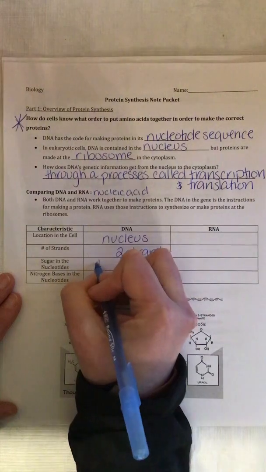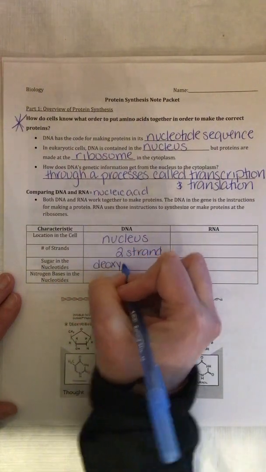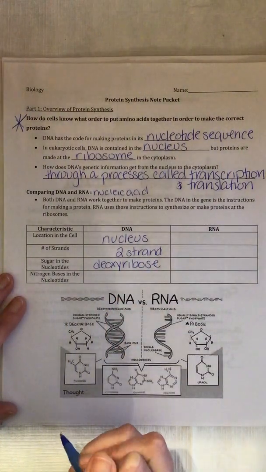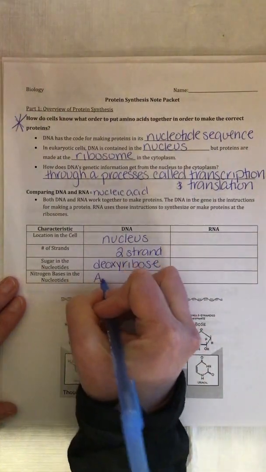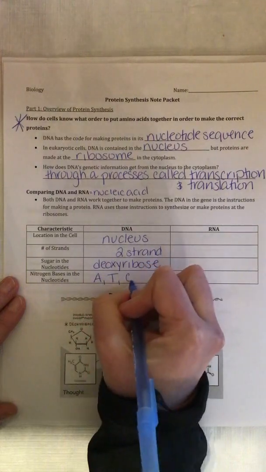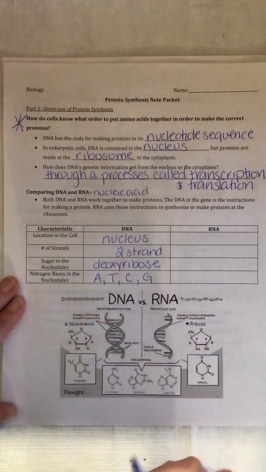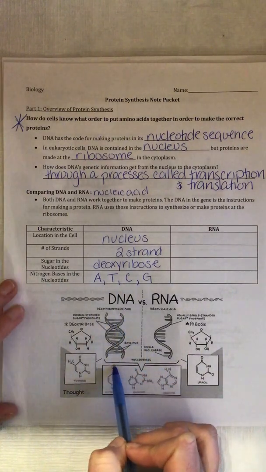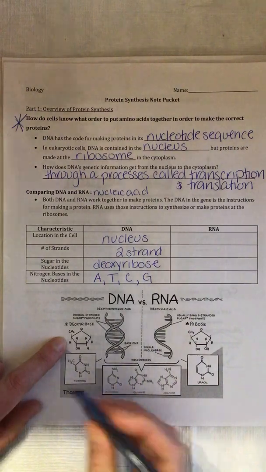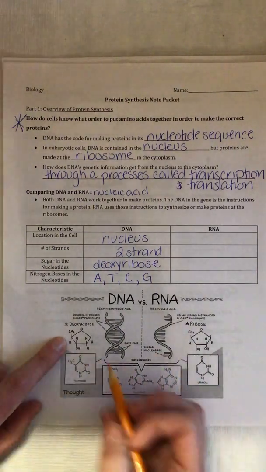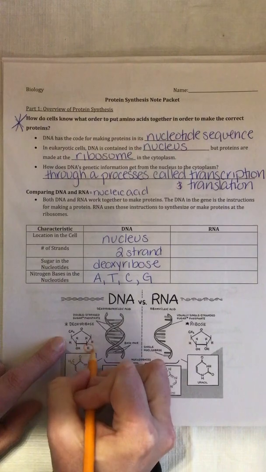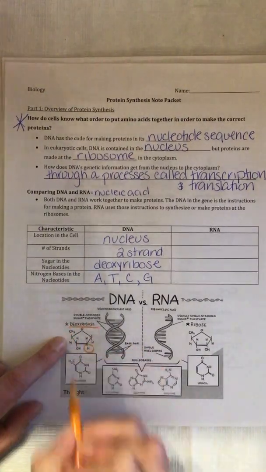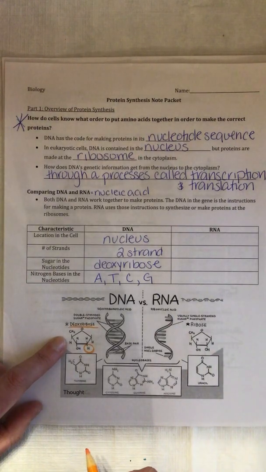The sugar is called deoxyribose. And the nitrogen bases that are in DNA are adenine, thymine, cytosine, and guanine. So if we come down here and we look at our DNA, we have our double helix. Here is our deoxyribose sugar. And it's right here that the oxygen is missing on the deoxyribose sugar.